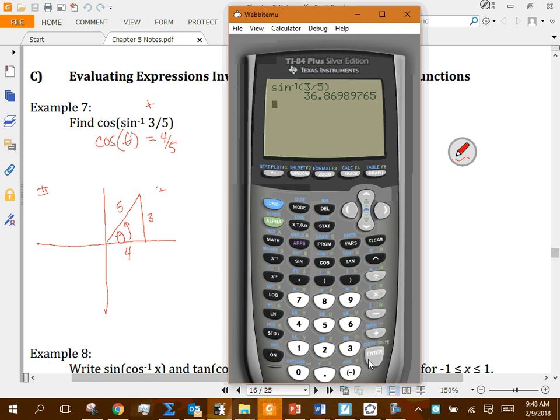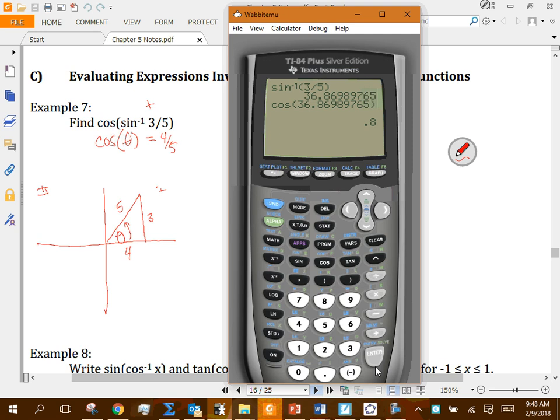I just wrote it as theta, but it's actually a 36.869 number. Okay? Well, if I find cosine of that number, it should give me 0.8 back.